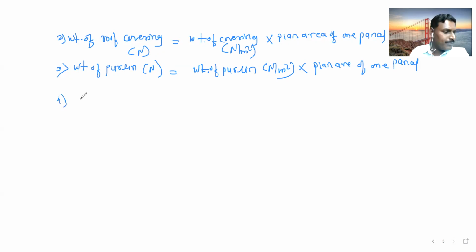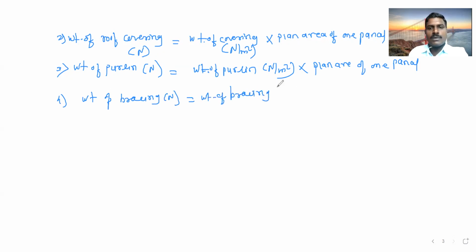And number four, weight of bracing is equal to, in Newton, again weight of bracing in Newton per meter square into, again, plan area of one panel.